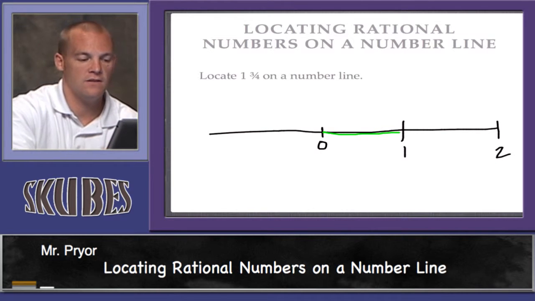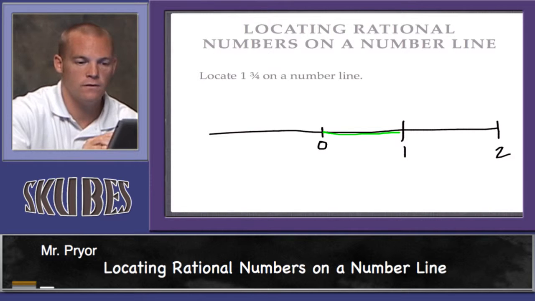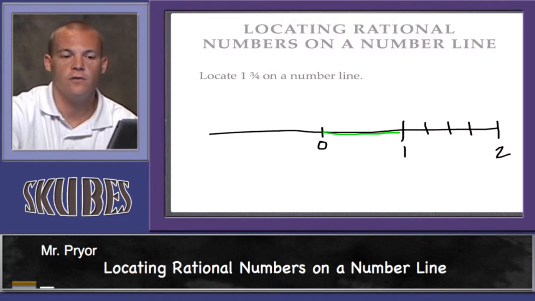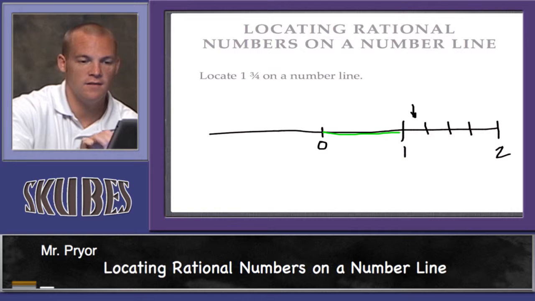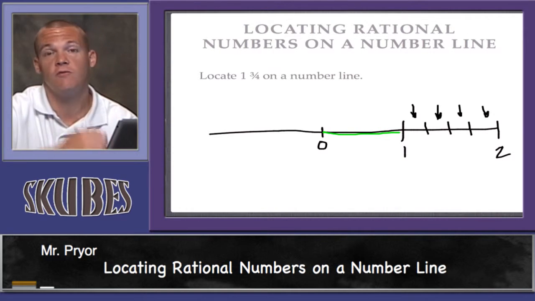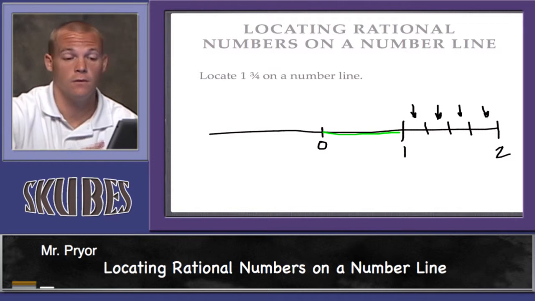So if we're breaking that up into fourths, this would be 1/4, 2/4 or 1/2, and then 3/4. And the reason I know I've correctly broken it up into fourths is, count the spaces in between. Notice how many I have. 4, which means it's been broken up evenly into fourths.